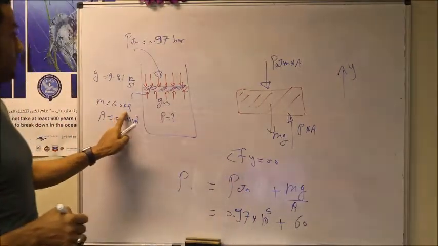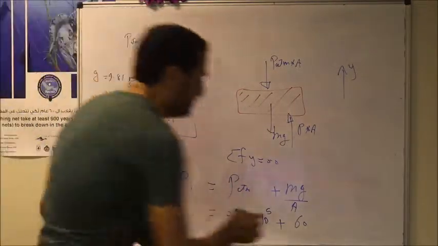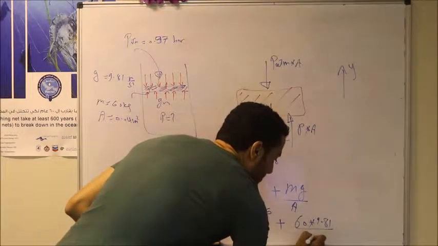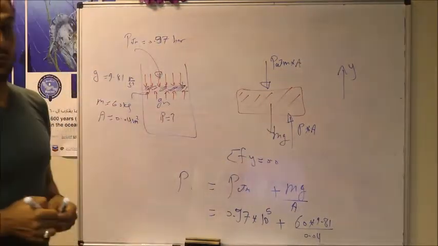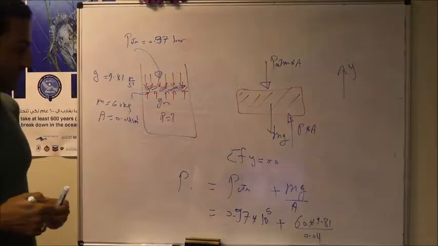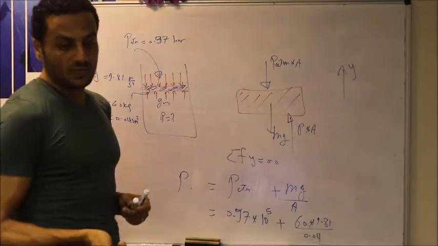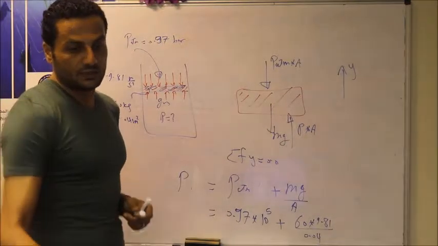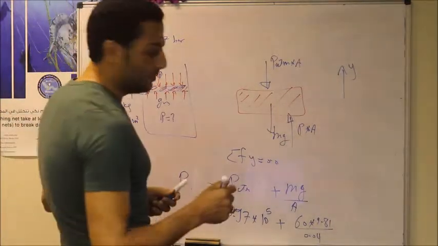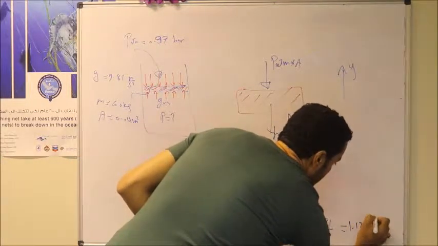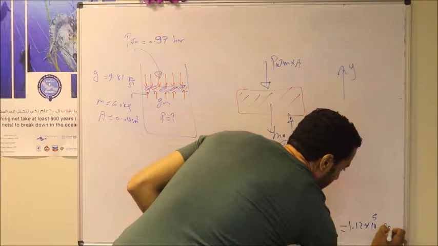which is equal to 60 kilogram, multiplied by gravitational acceleration, 9.81, divided by the cross-sectional area, which is 0.04 meter squared. If you calculate those values, you can see that the pressure will equal 1.12 multiplied by 10 to the power 5 Pascal.